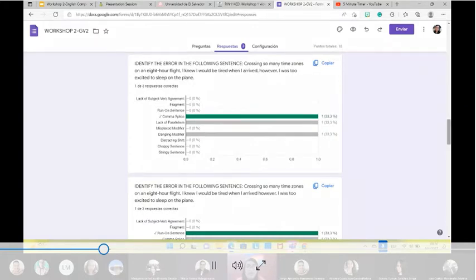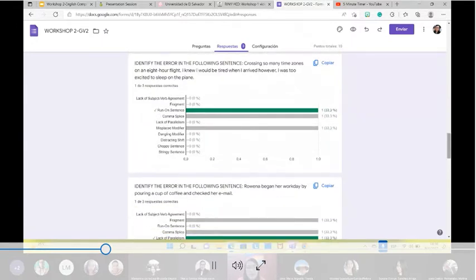Identify another error. Crossing so many time zones on an 8-hour flight, I knew I would be tired when I arrived. However, I was too excited to sleep on the plane. Yes, the correct answer is a comma splice. It is right here.